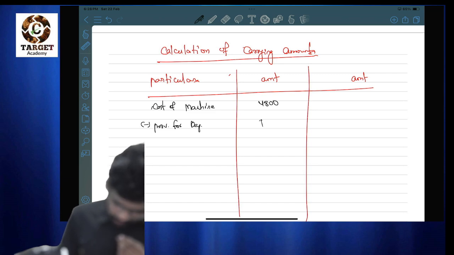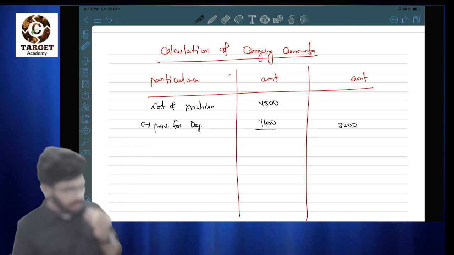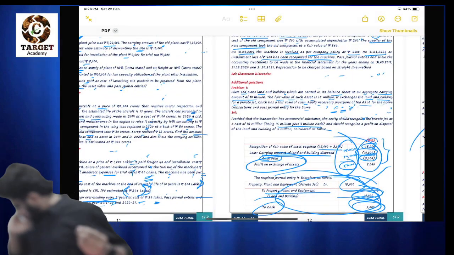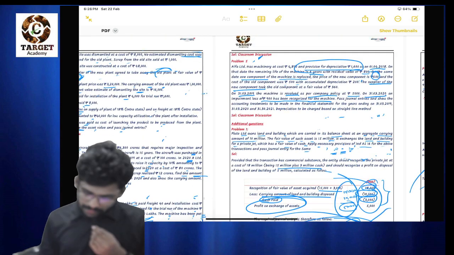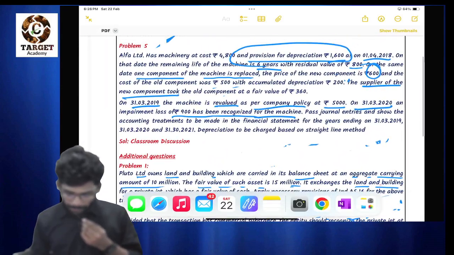Balance 3,200. All rupees in lakhs or crores? Nothing is given. Okay, rupees only then. Next, coming to the question.